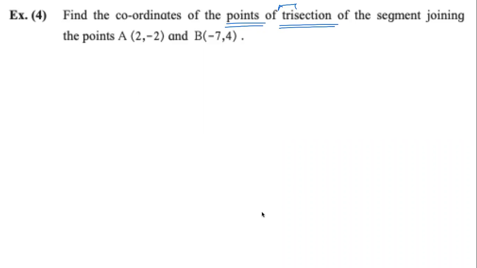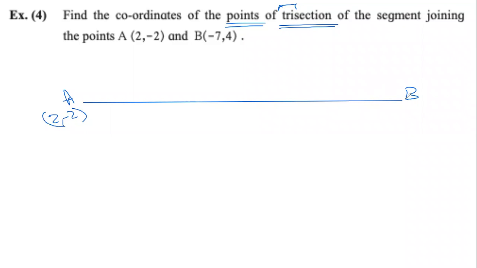So let us imagine a line segment joining A and B. Let me draw a straight line. Suppose A is here and B is here. Coordinates of A are (2, -2) and coordinates of B are (-7, 4).